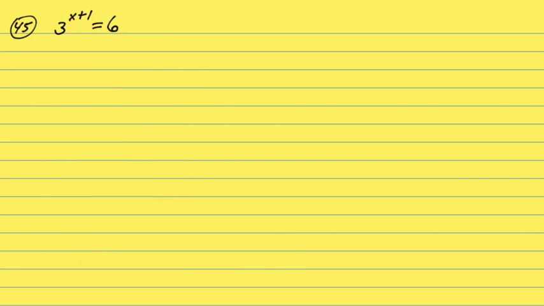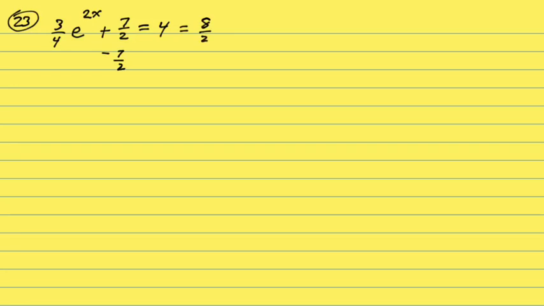Okay, after 21, somebody have 45, 39, 23. I think 23 is the next one sequentially. Okay, to solve 23, again, I need to isolate the variable. So I need to subtract 7/2. 4 could be called 8/2.